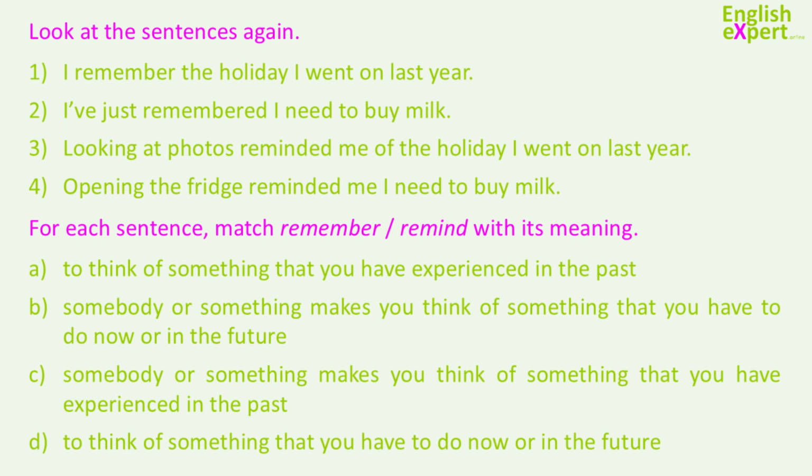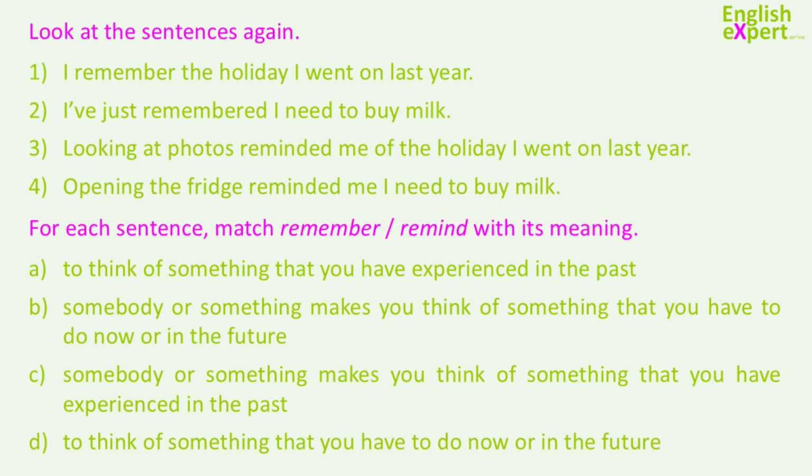Look at the sentences again. For each sentence, match remember or remind with its meaning. Pause the video to give yourself time to think. Meaning A, to think of something that you have experienced in the past.